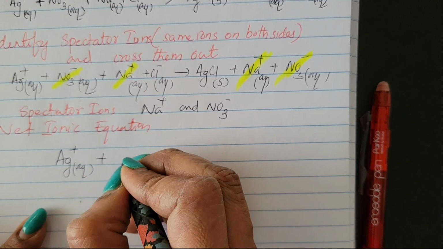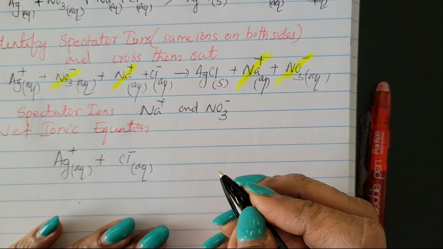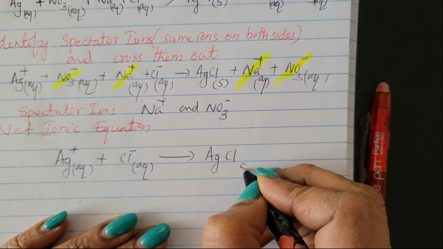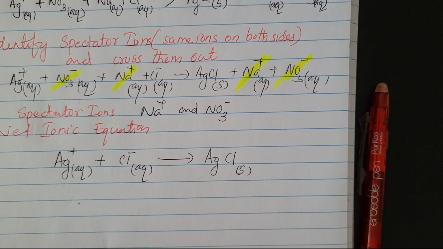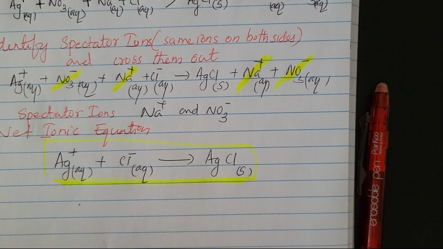Ag plus AQ plus Cl minus AQ. That is the only thing left over on the reactant side, and on the right side AgCl solid. This is called the net ionic equation.